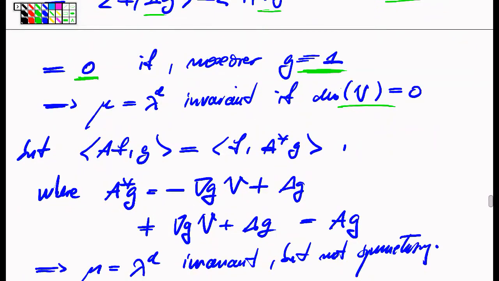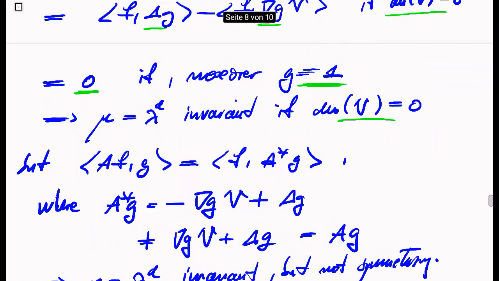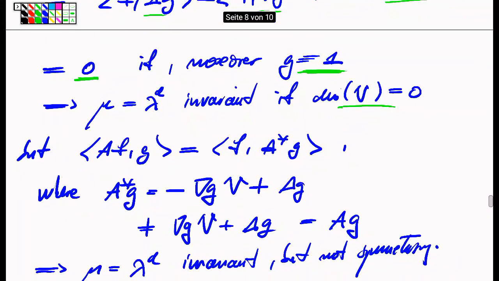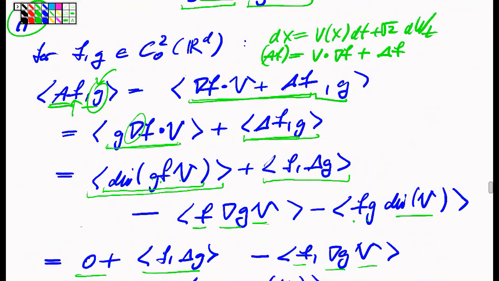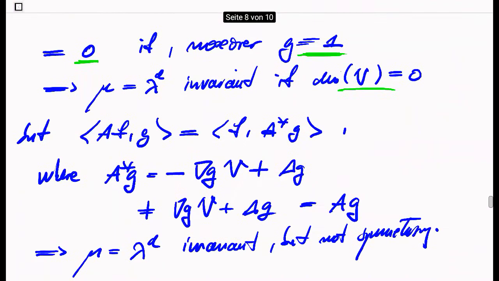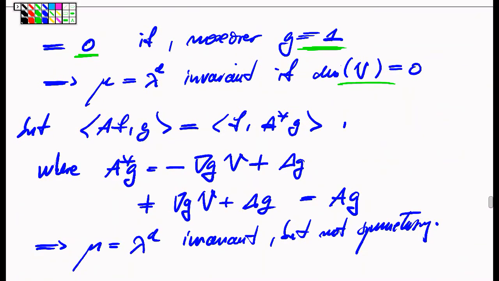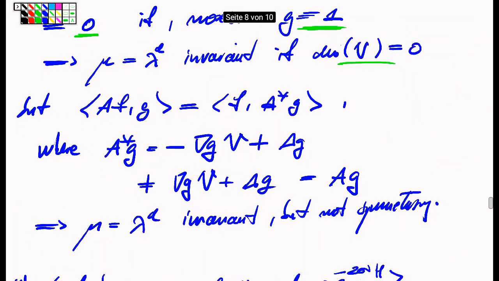Now, if I ask for something more, namely that it is also symmetrizing, then what I need to check is the full computation when g is a general function and not just the constant 1 function. This discussion was just conducted, and here I have convinced myself that AF against g integrated against the Lebesgue measure is, by abstract nonsense, of course f integrated against the adjoint operator acting on g.